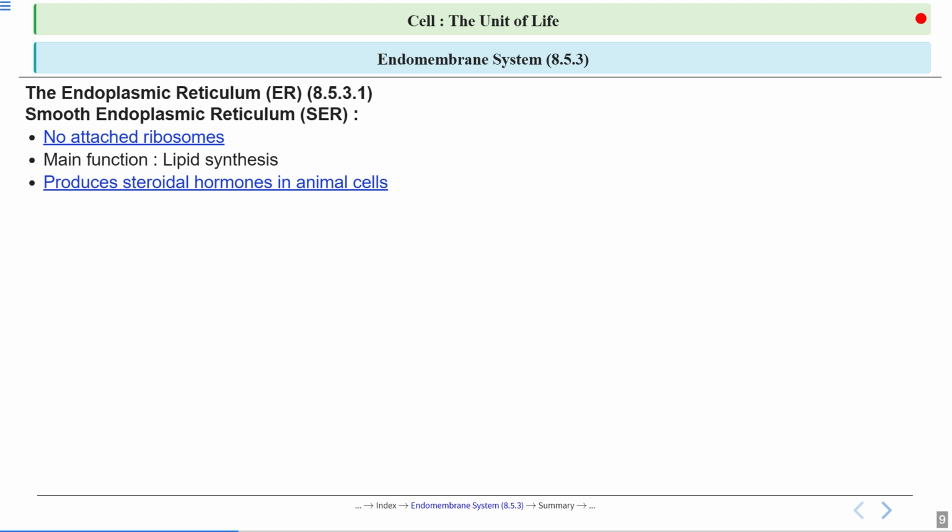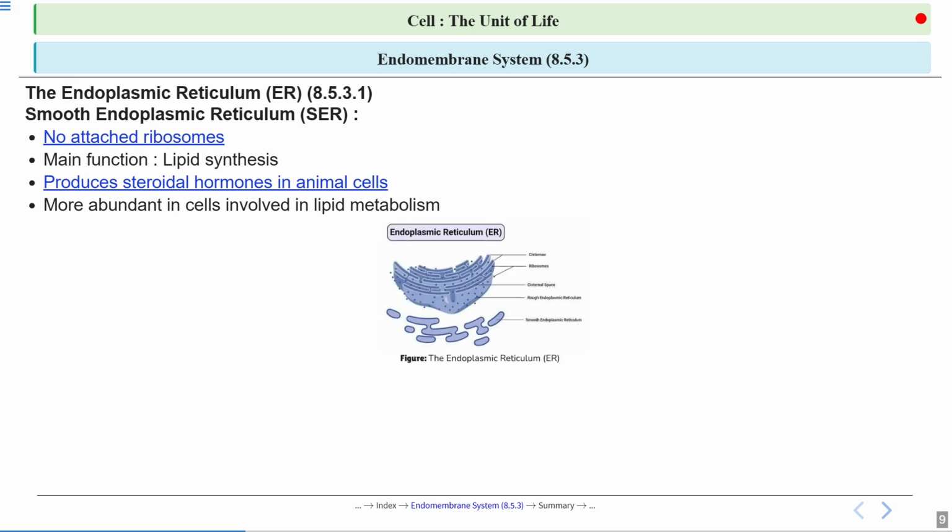It produces steroidal hormones in the animal cells. So again a question can come: which organelle synthesizes steroidal hormones? The answer will be smooth endoplasmic reticulum. It is more abundant in cells involved in lipid metabolism. So obviously, the cells which are involved in lipid metabolism will consist of a greater number of smooth endoplasmic reticulum.